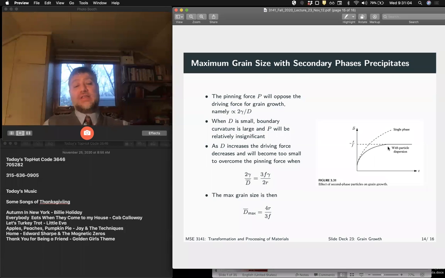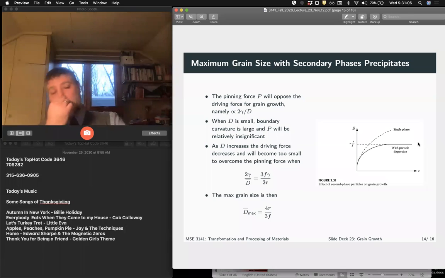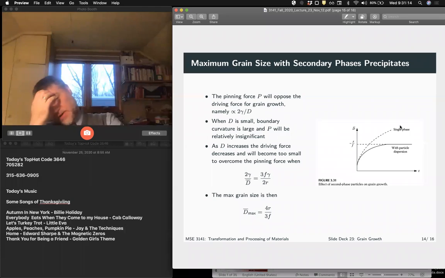right? And we can see this schematically, but the real experimental data looks like this. If we have a pure metal, right, our grain size keeps growing and growing and growing at a decreasing rate, right? It has a rate that's going to go by diffusion. So our grain diameter follows a parabolic growth rate, right?